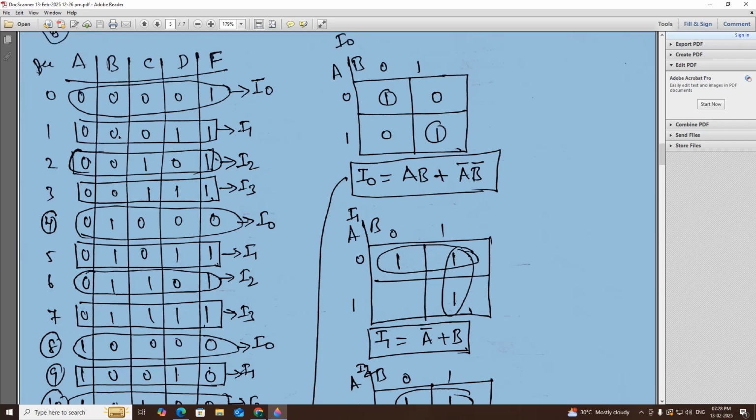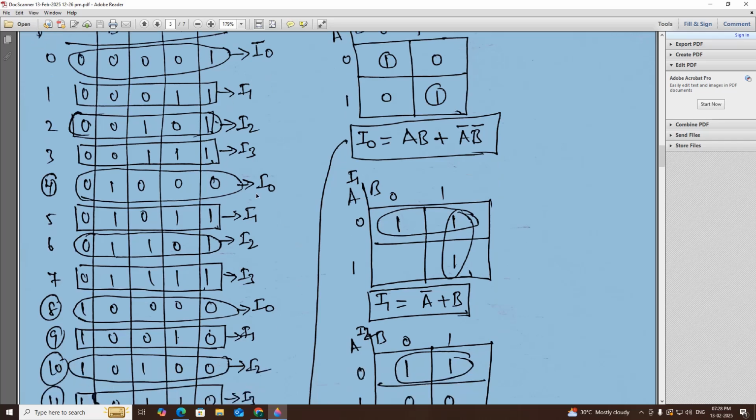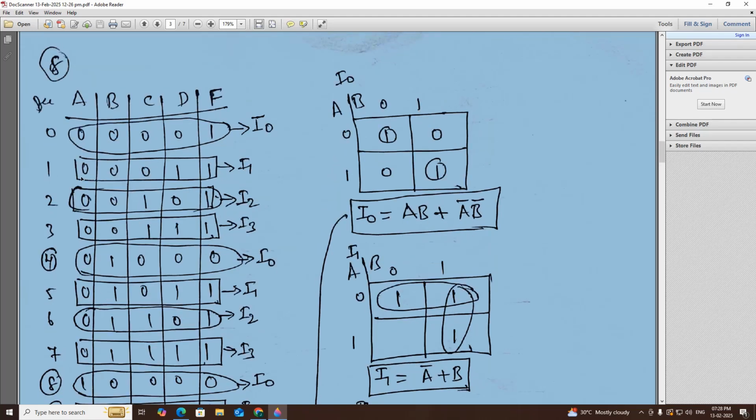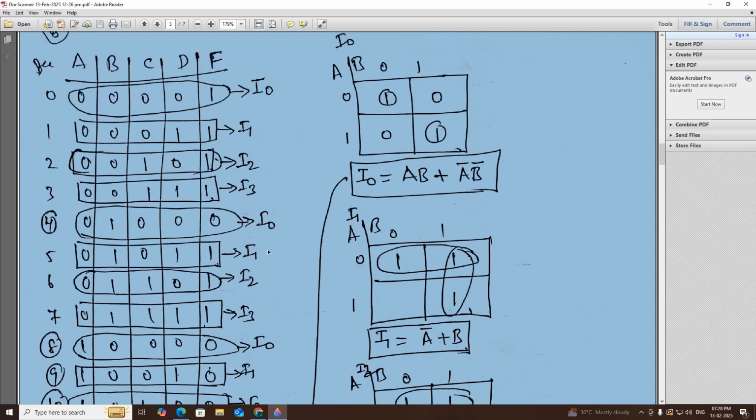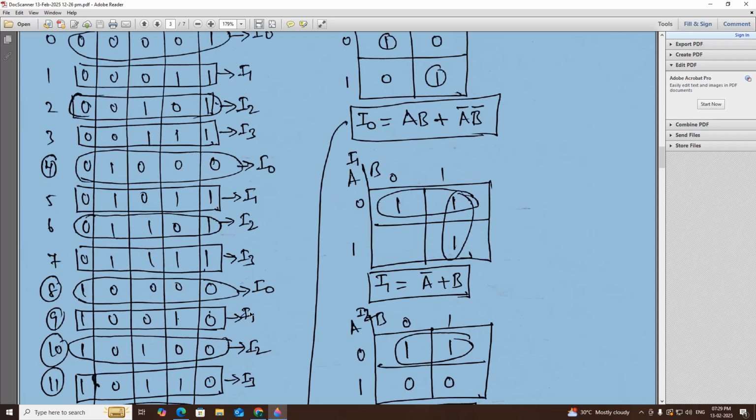For I1, A equal to 0, B equal to 0, it is 1. For A equal to 0, B equal to 1, it is 1. For A equal to 1, B equal to 0, it is 0.